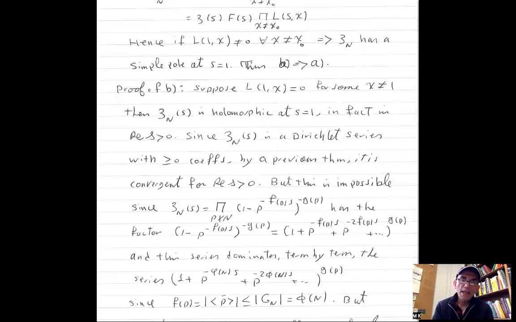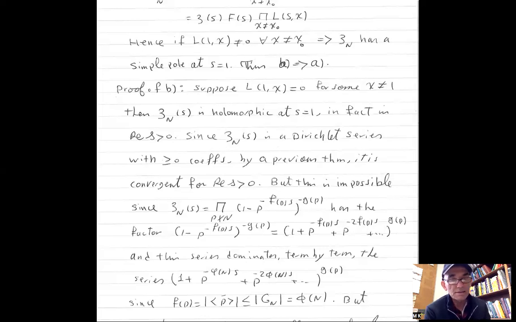Now, this zeta n is a Dirichlet series with non-negative coefficients. And so by a previous theorem that we proved, not only does it have analytic continuation to real part of s bigger than 0, but in fact, it's originally convergent for real part of s bigger than 0.